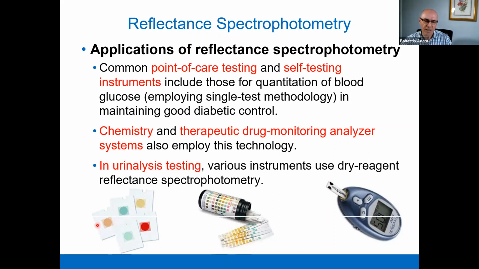As we see here, these are test slides for dry chemistry and also for urine testing. There are various instruments that use dry reagent reflectance spectrophotometry. Or you can also use the same strips manually.